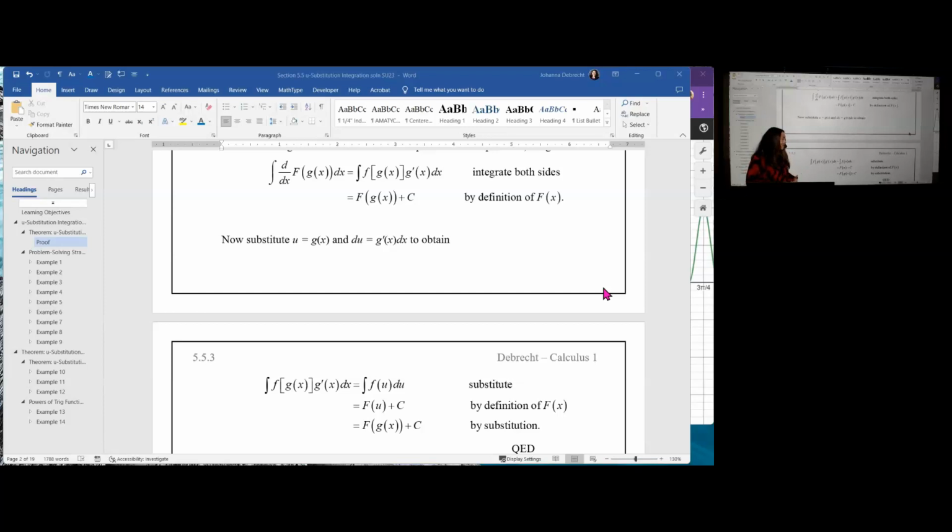Then we can back substitute that u is equal to g of x, and we have completed the proof that integrating a composed function times the derivative of the inside gets us the antiderivative of the outside function with the inside function substituted plus the constant of integration.